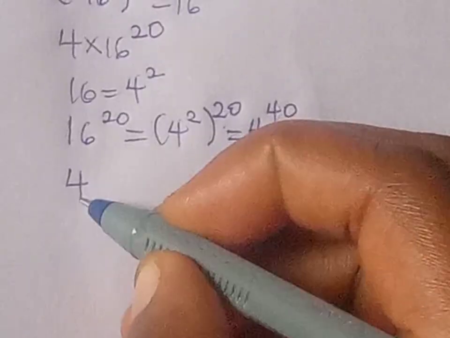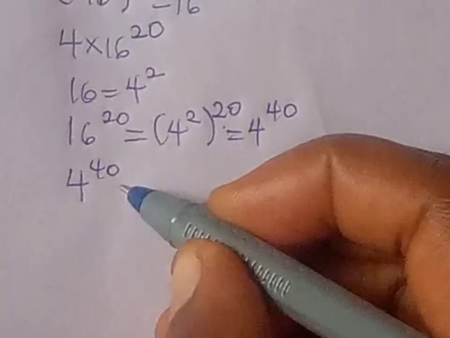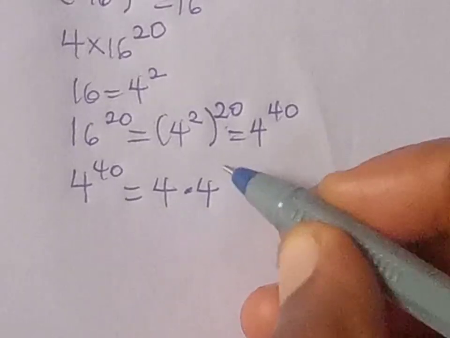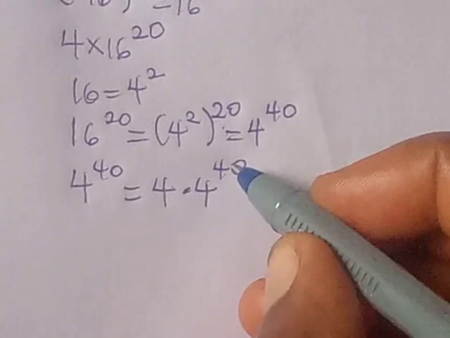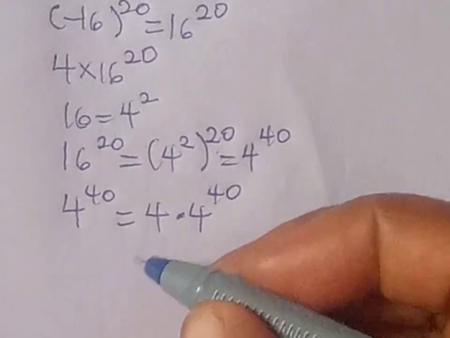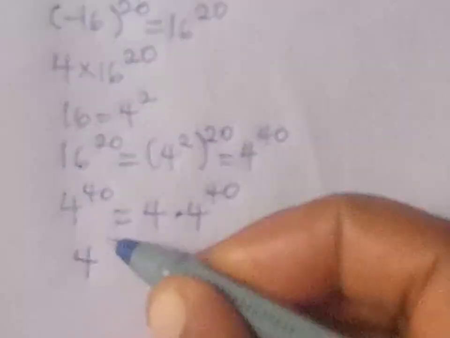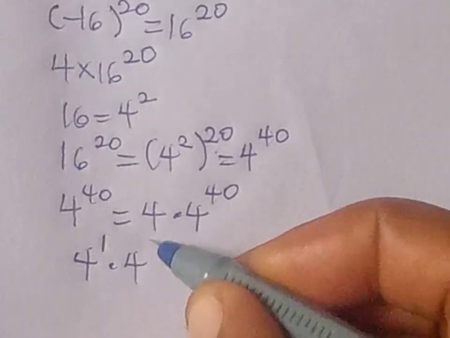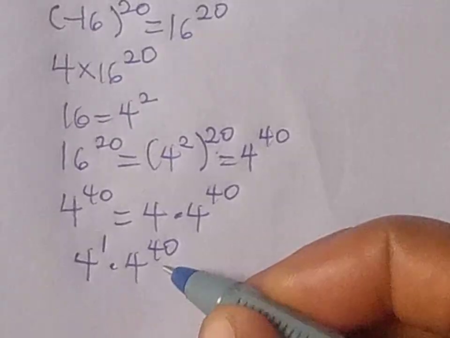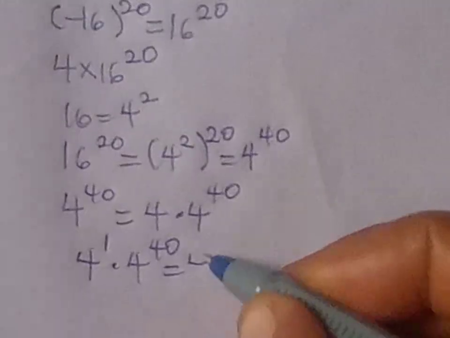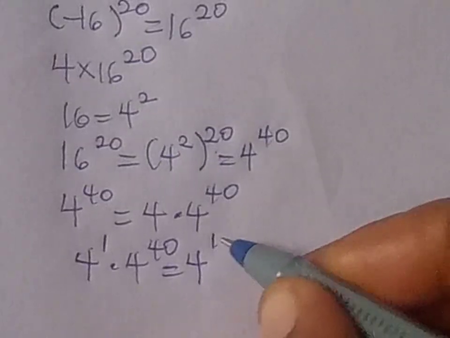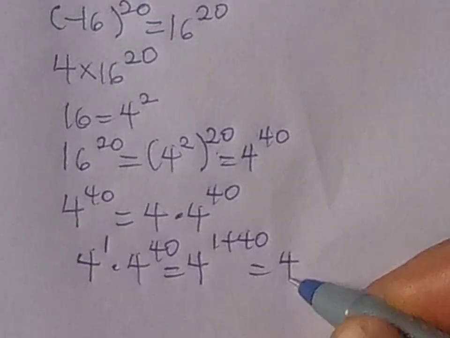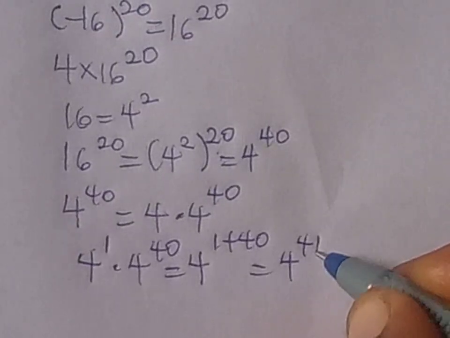So 4 times 4 raised to the power of 40 equals 4 raised to the power of 1 multiplied by 4 raised to the power of 40. Using our exponent rule, this will give us 4 raised to the power of 1 plus 40, which is equal to 4 raised to the power of 41.